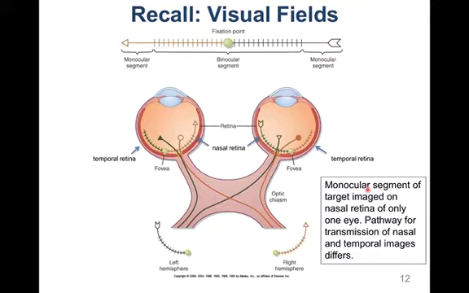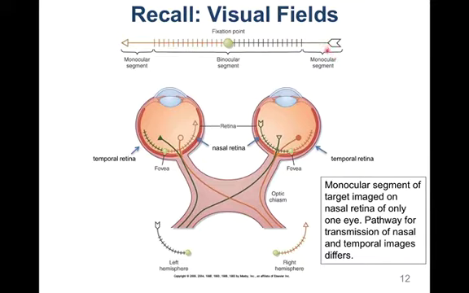All right, I'm not going to go over this slide again because I think I spent ample time on it when we did this lecture. I just want you to recall the monocular field of view, because the next series of experiments we're going to talk about involve images or words that are flashed into the monocular segment, our monocular visual field, and therefore are only going to reach one side of the brain. Okay.